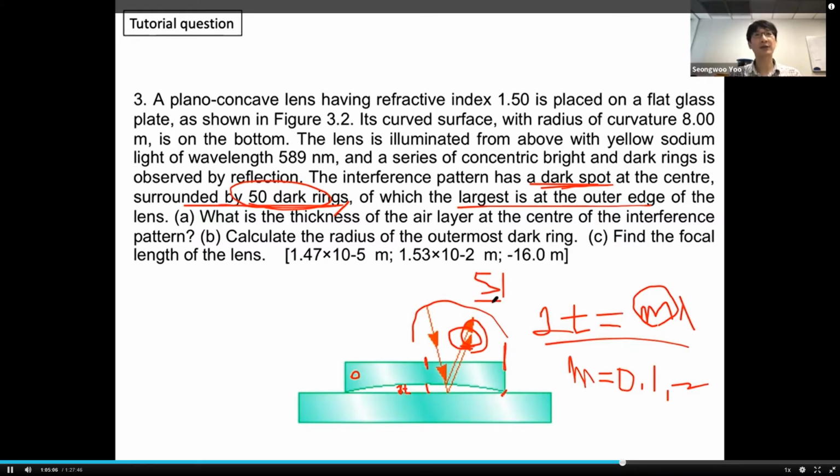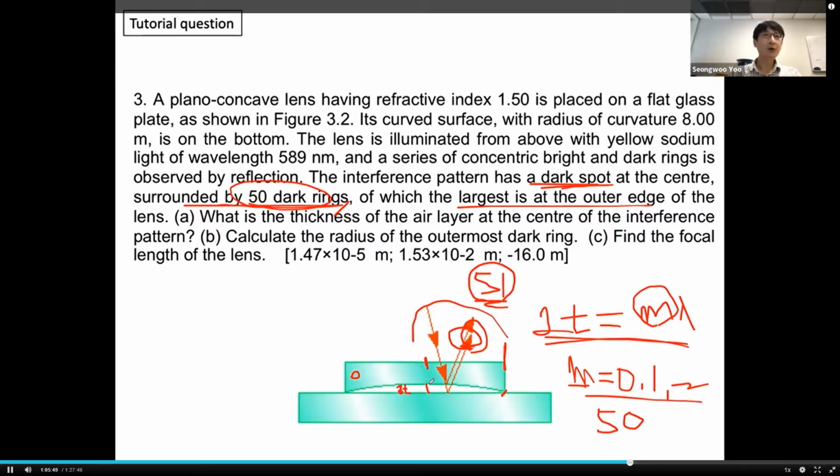All those dark fringes must satisfy this equation for destructive interference, so each will be assigned a different m value. Because we have altogether 51 dark fringes, our maximum m value is going to be 50, because it started from 0. So 0, 1, 2, 3, 4, all the way to 50.